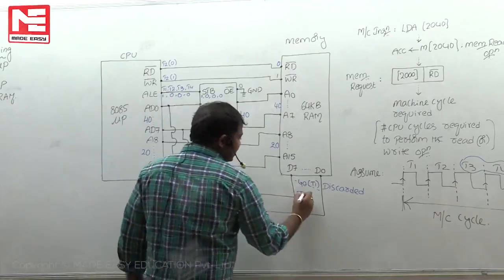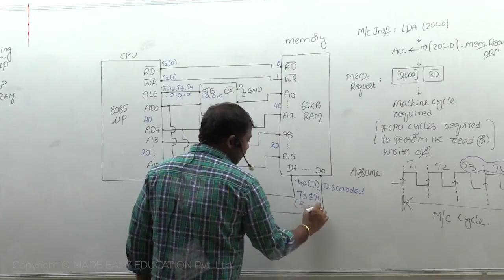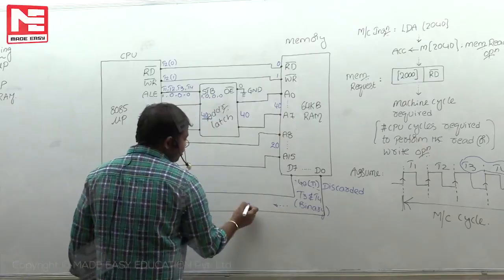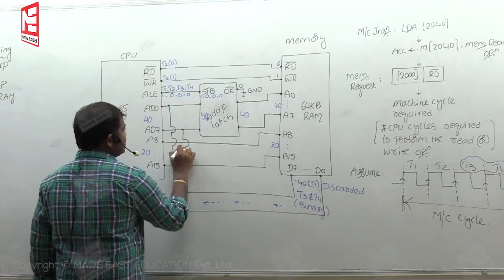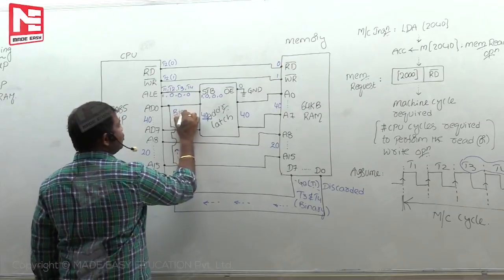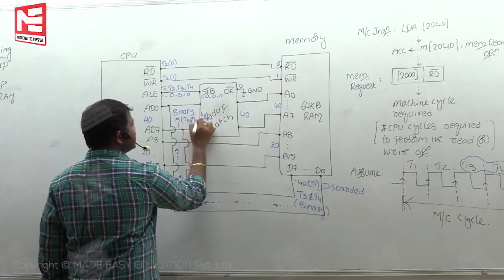Okay. Now in the T3 and T4 cycles, some binary code will be ready at D0 to D7 pins. This binary code is passing here. Right, like this, passing here. So arrived here. At what time? Binary code arrives at T3 and T4 cycles.